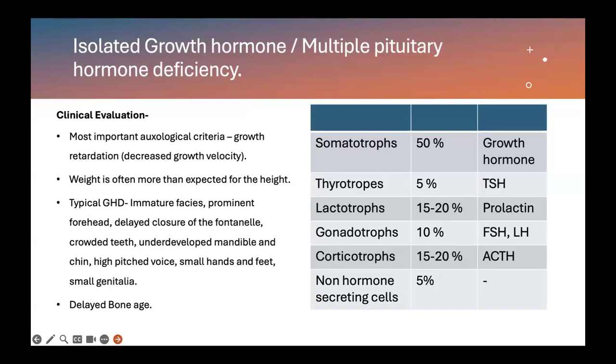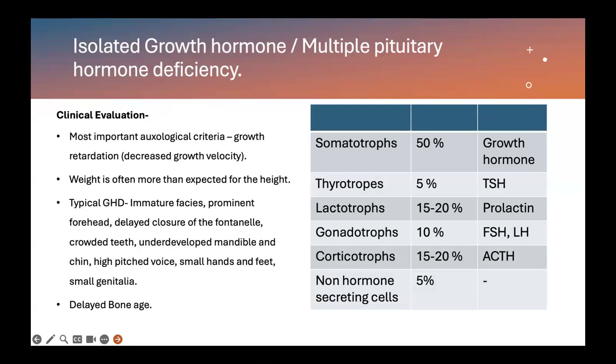We will also see this with the help of a case scenario. So in these children with growth hormone deficiency or multiple pituitary hormone deficiency, growth retardation is a very prominent feature. Weight, on the contrary, is fairly preserved, and these children are short and plump. However, if there is cortisol deficiency, in addition, it may result in a child with a low weight as well.